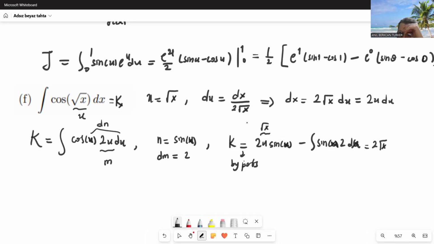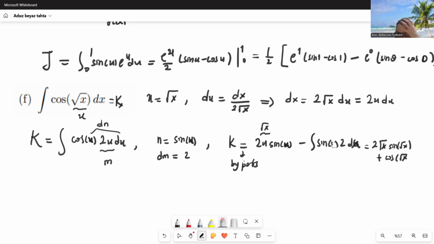This is just a dummy variable, but you need to remember what u is. This is 2 square root of x sine of square root of x minus the integral of sine, which is minus cosine, so it is cosine of square root of x.